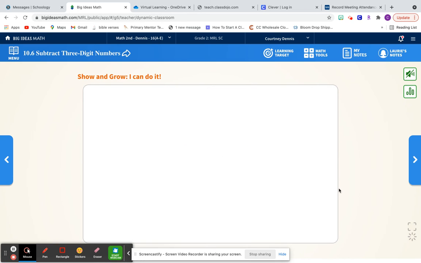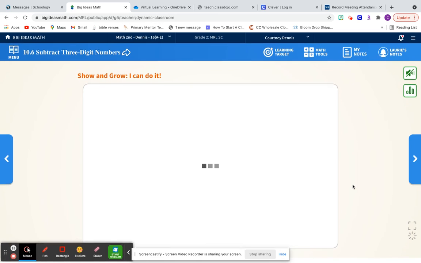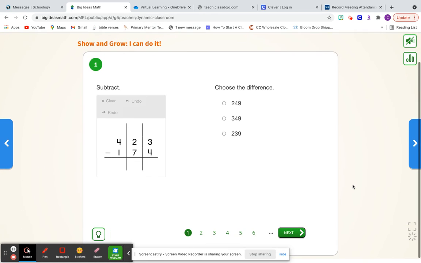All right, let's look at a few examples before you work on your practice for today. Okay, so remember this, when you have it as a multiple choice, it's always helpful because you can see if you made one mistake.